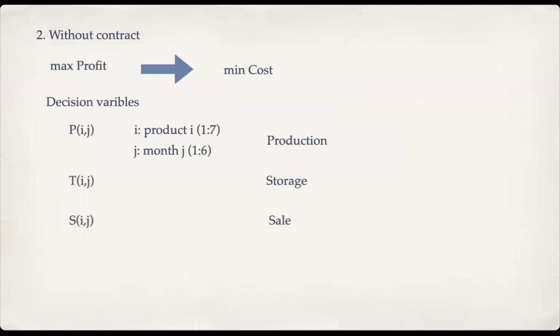Alternatively, if we treat the limitation on the market as the maximum product that we can sell, it's not a contract. That means we don't have to fulfill that contract, but we maximize the profit.